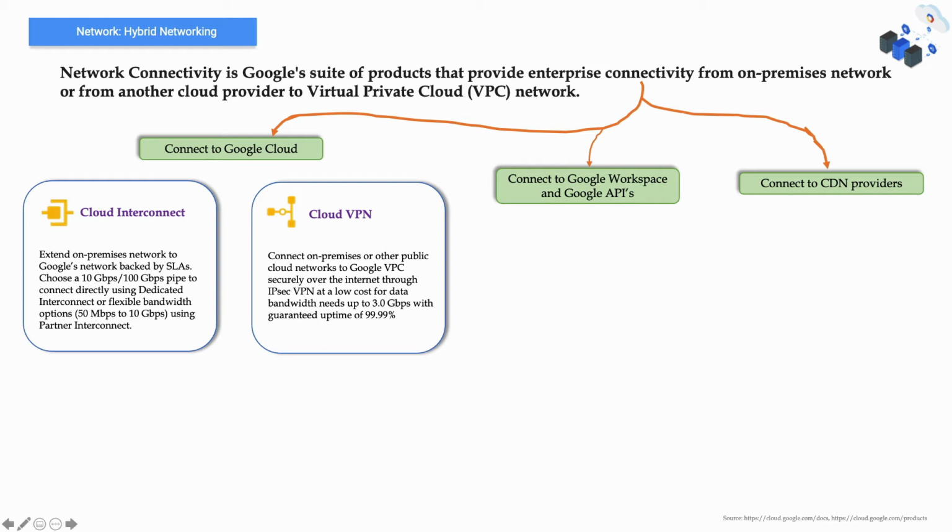IPsec VPN connections have been in the industry for quite a while, and the traffic that travels between these two networks is encrypted by one VPN gateway and then decrypted by the other VPN gateway. So Google Cloud offers two types of Cloud VPN gateways: High Availability VPN, which has a very high SLA, and Classic VPN.